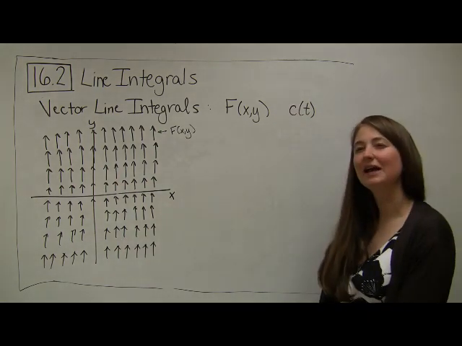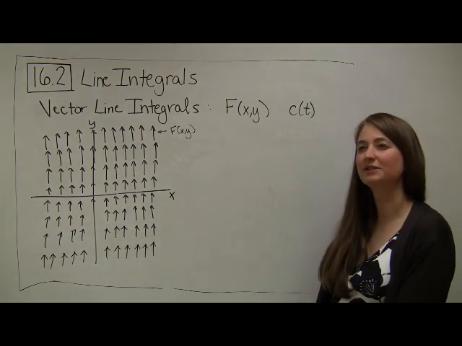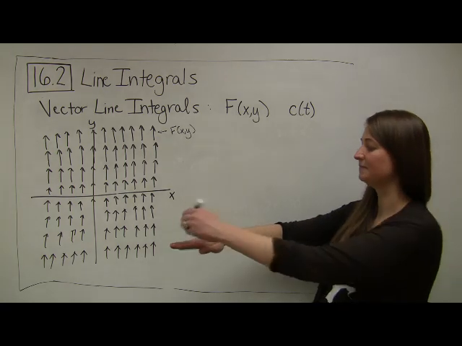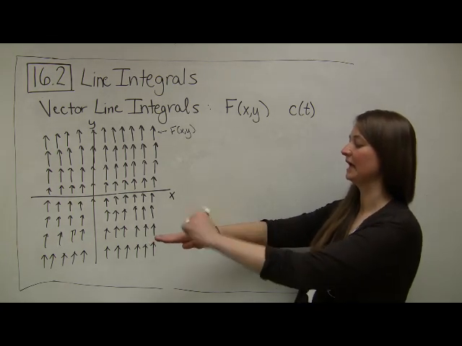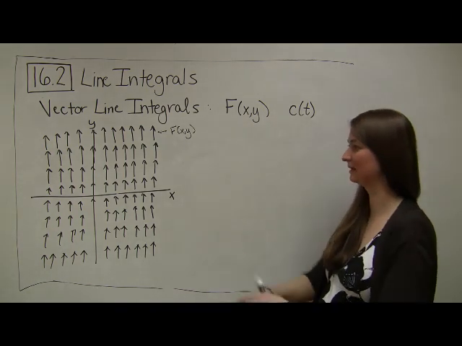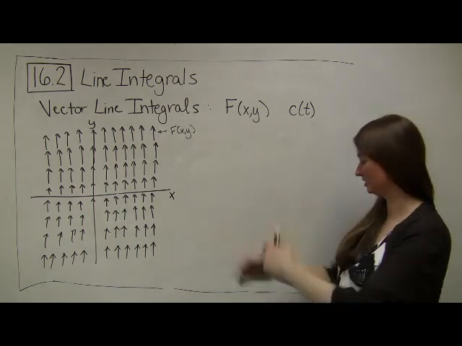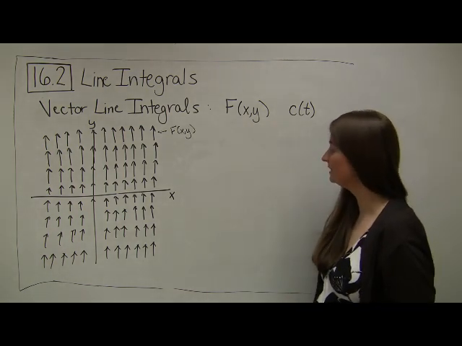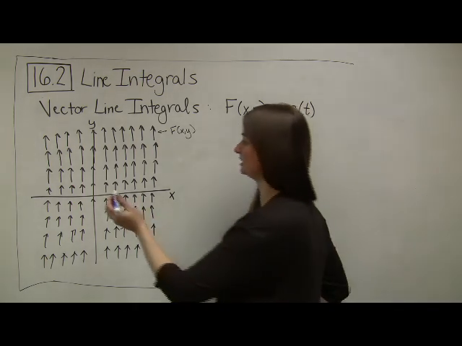But unlike our scalar line integrals, where you could visualize the path in the xy plane and the integral was representing the height along that path, giving you the area of the sheet that gets traced out, in this case we have a different interpretation.